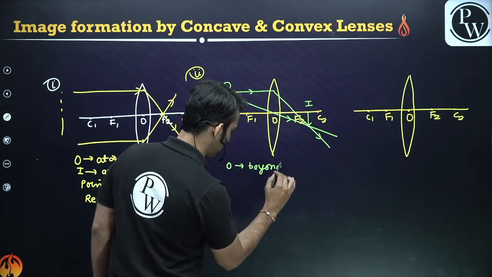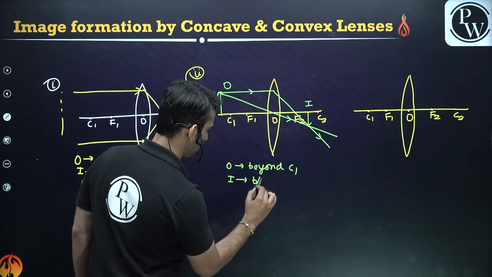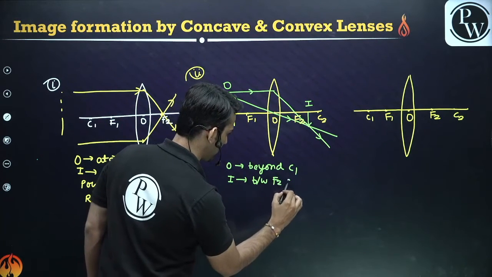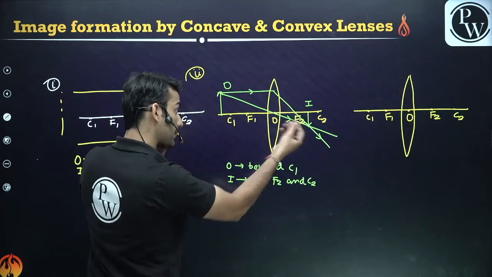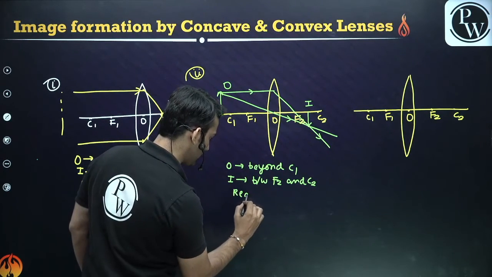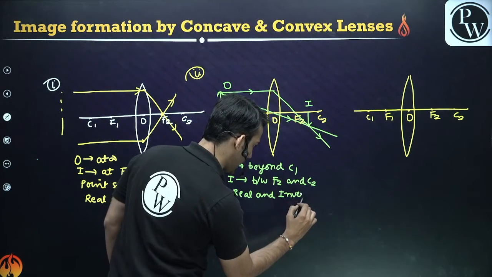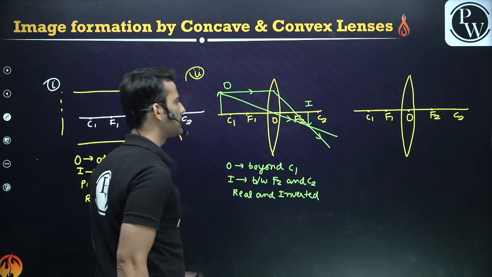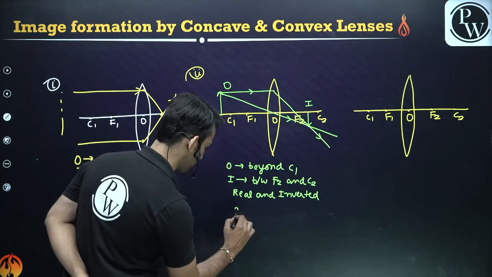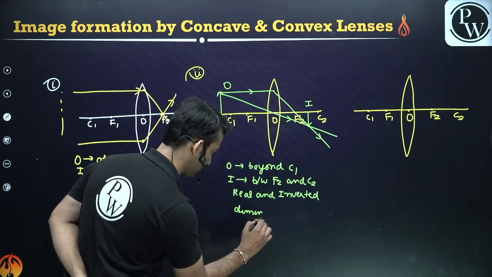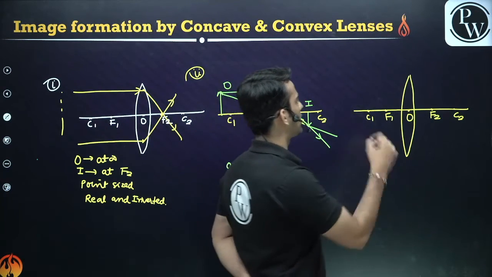Beyond C1. Where is the image? Between F2 and C2. It is a real image, obviously real and inverted. You can see rays are actually meeting. And what about the size? The image is smaller than the object, so it is diminished.